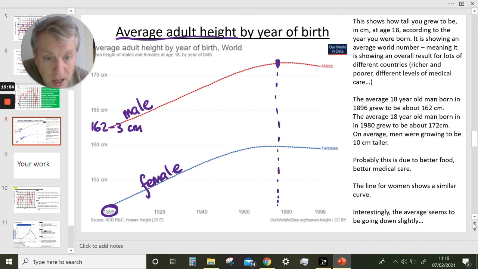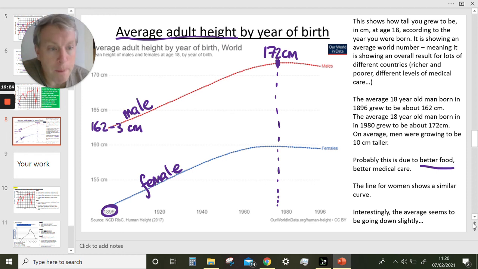So people born in 1980 were, on average, 10 centimetres taller. And that's the same for women. Well, that's probably due to people being less poor, having much better food when they're babies, having much better medical care for their mothers, having much better food when they're babies inside their mothers' tummies.